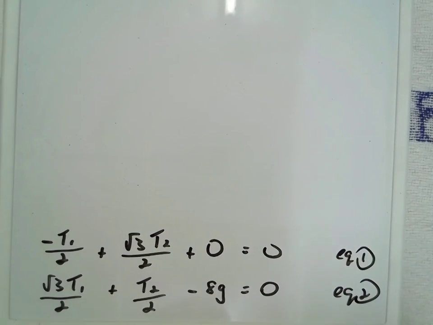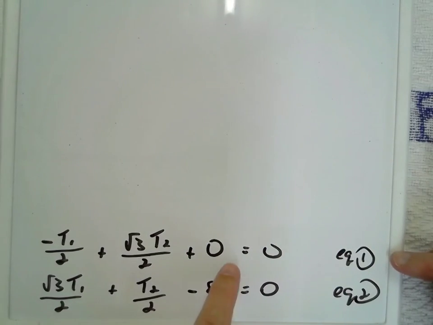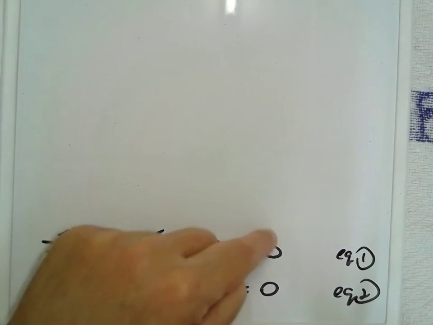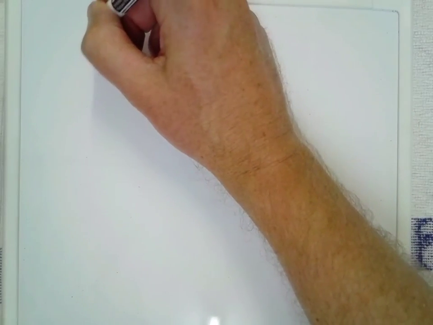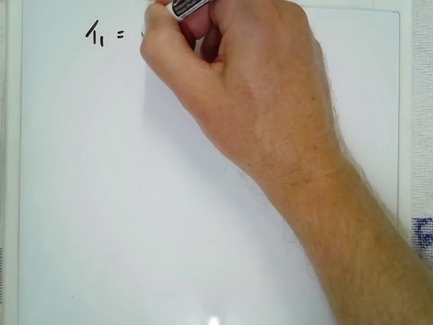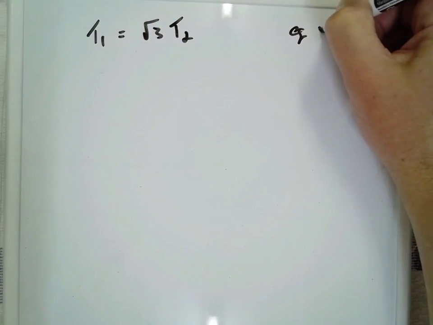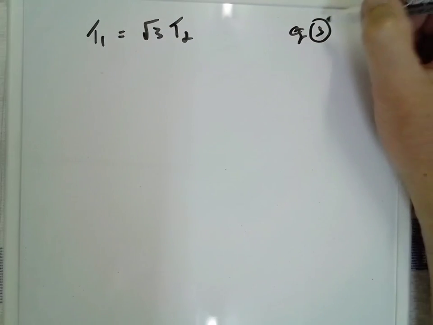So I'm going to get equation 1 here. I'm going to multiply by 2 and get the T1 to the other side. So I'm going to get T1 equals root 3 T2. I'll label that equation 3.